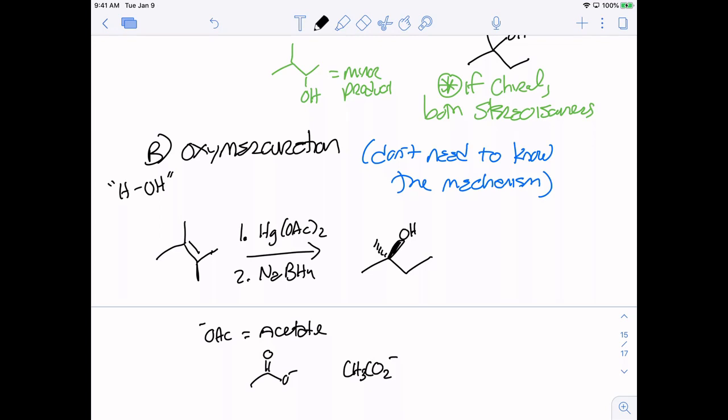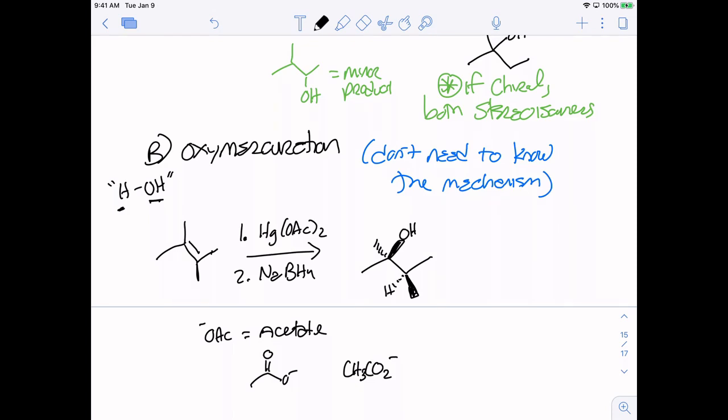So when I say anti, I'm saying this hydroxyl group and this hydrogen are going to be opposite. So because I have that hydroxyl group coming out, I would have my hydrogen going back, which means the methyl group on that carbon is going to be going out.